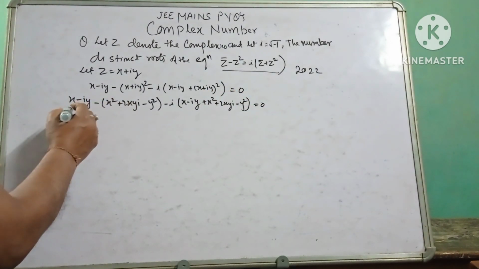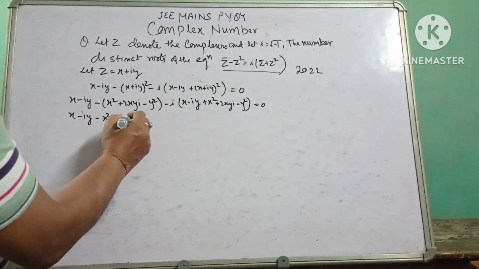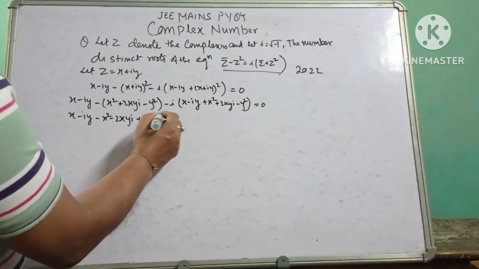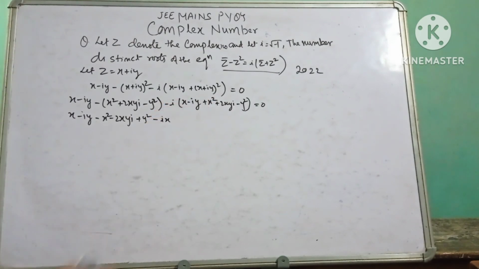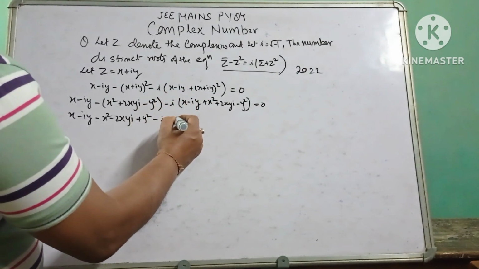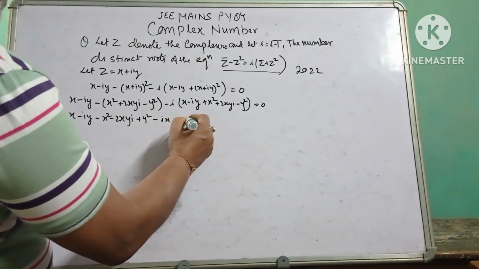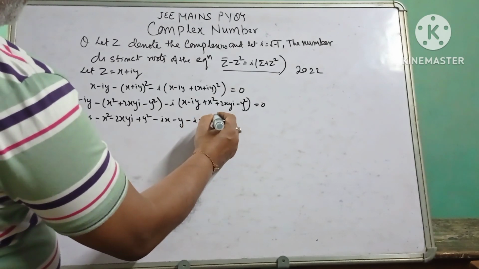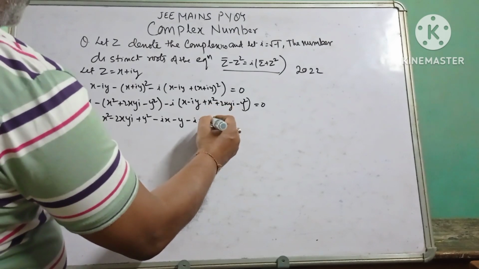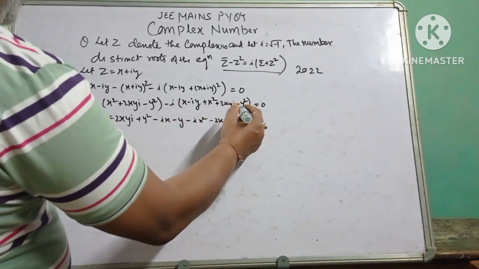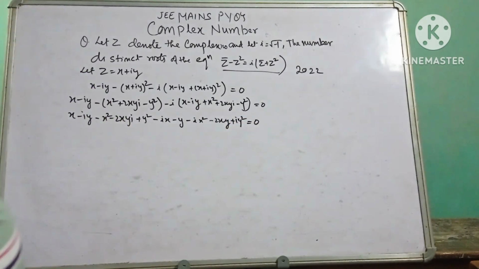So here again x minus iota y squared is x square minus 2xy iota plus y square, minus iota into x minus minus plus i square, that means iota square is minus 1, so it will be minus iota x square, and again minus iota square, again minus 1. So this will be minus 2xy, and plus iota y square equal to 0.